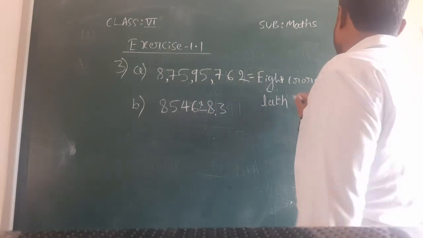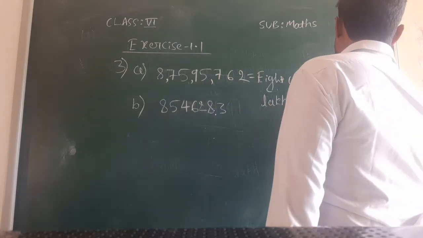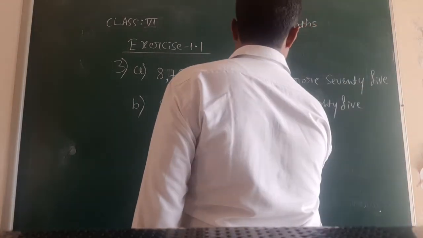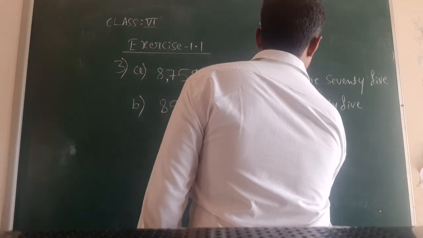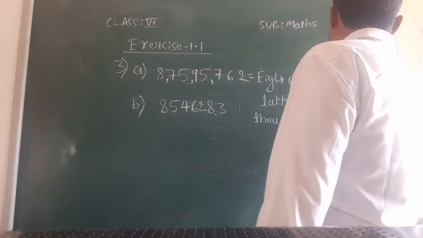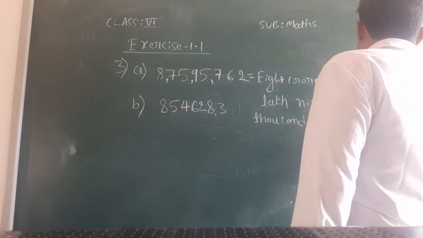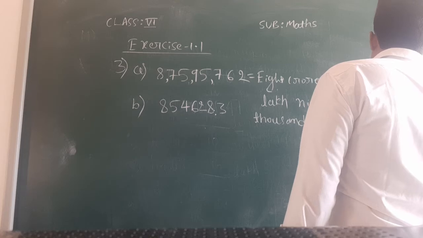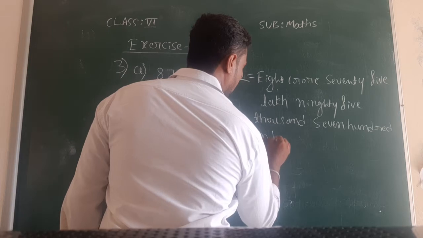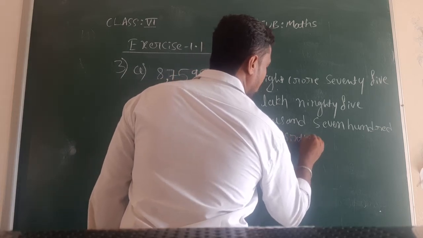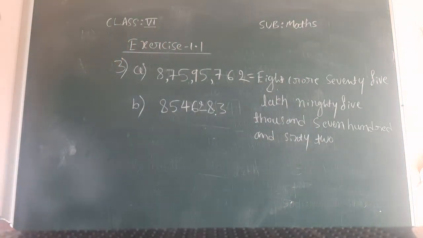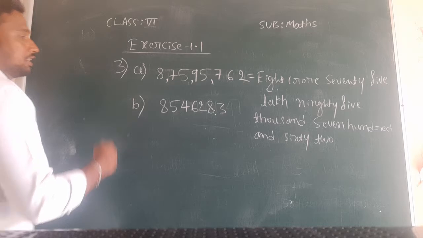So 95,000. The 7 is in the hundreds position, so 700 and 62. 762. You have to write like this. Okay? Like this only. We'll see the next question.